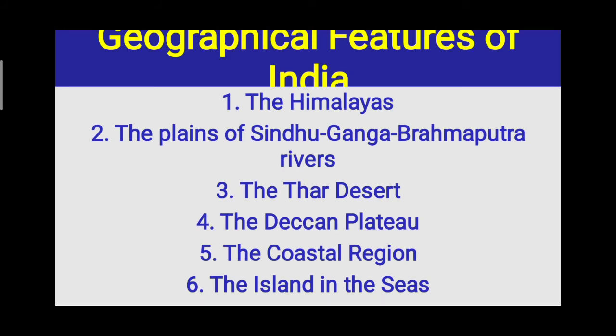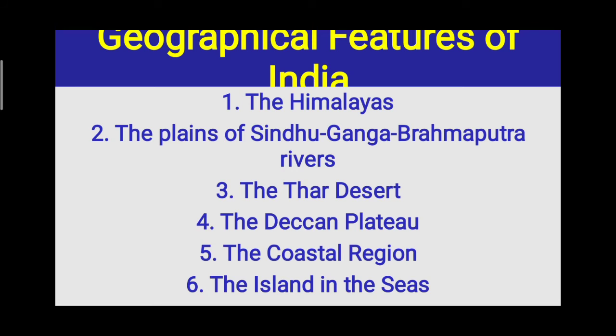As we know, our country India extends far and wide. At its north lie the Himalayas, to the east the Bay of Bengal, to the west the Arabian Sea, and to the south the Indian Ocean. Except for the islands of Andaman, Nicobar and Lakshadweep, the rest of the country is contiguous.